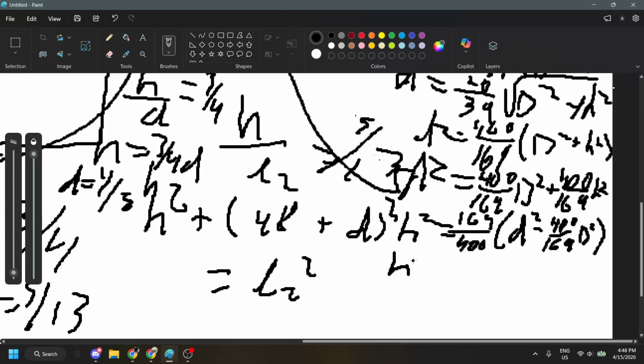So h is equal to the square root of 169 over 400 d squared minus big D squared.